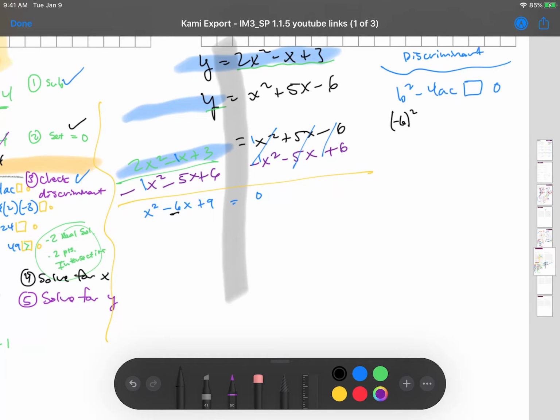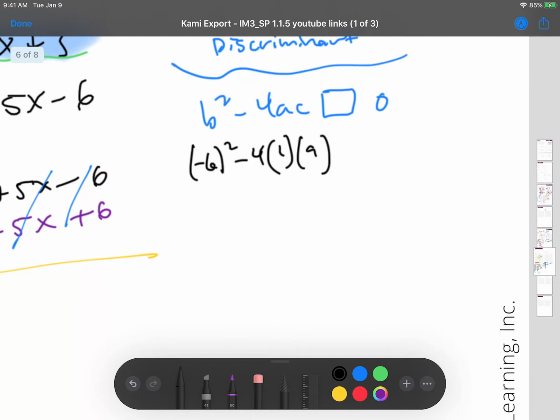Minus 4 times my a value, which is 1, and my c value, which is 9. Negative 6 times negative 6 is 36. Negative 4 times 1 times 9 is negative 36. So positive 36 minus 36 is 0.